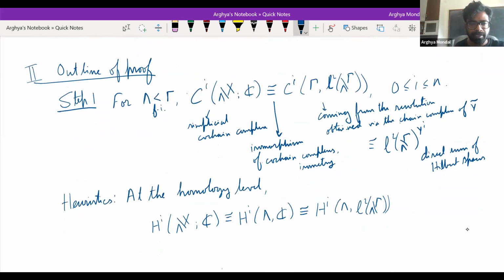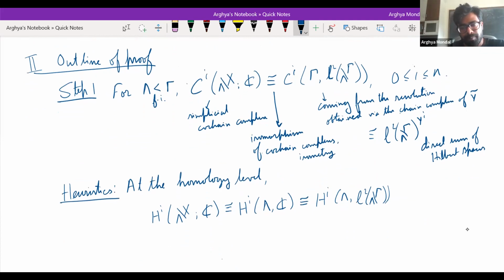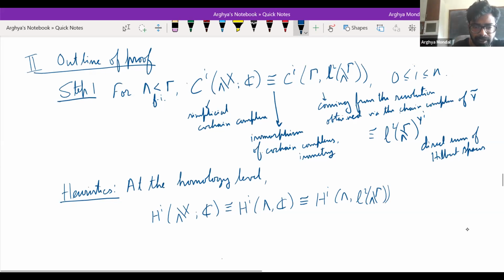Right. So why should something like this be true? If you look at the homology level, what is happening is that X is a contractible space, or at least the n-skeleton of a contractible space, on which Γ acts properly discontinuously and freely.